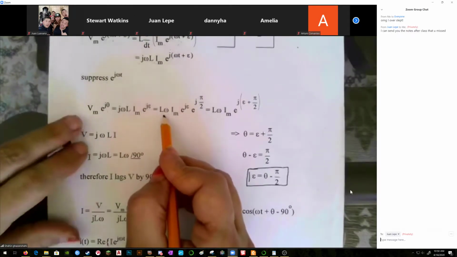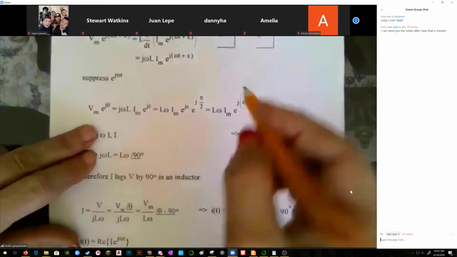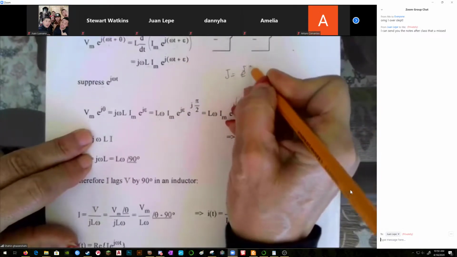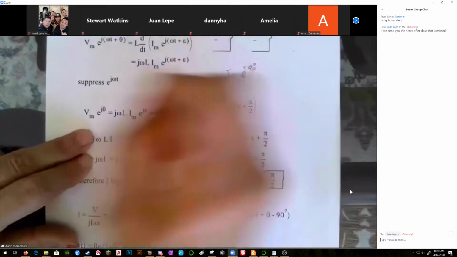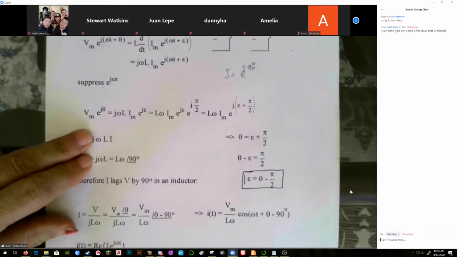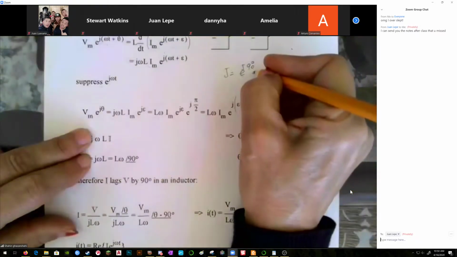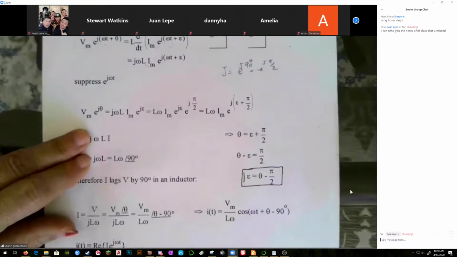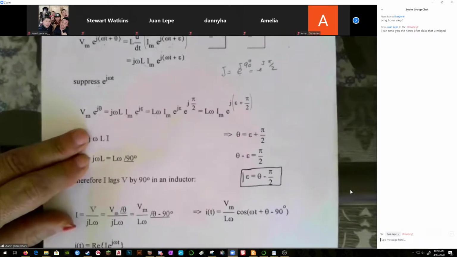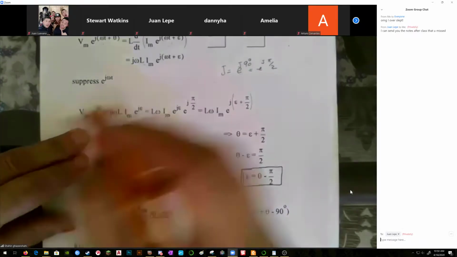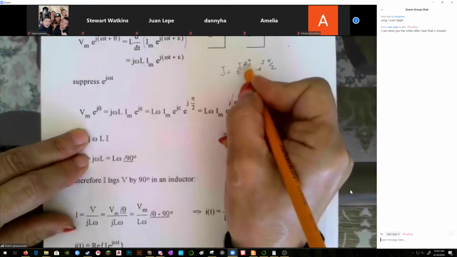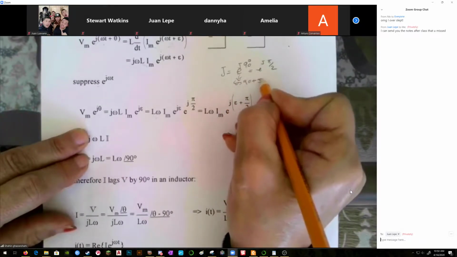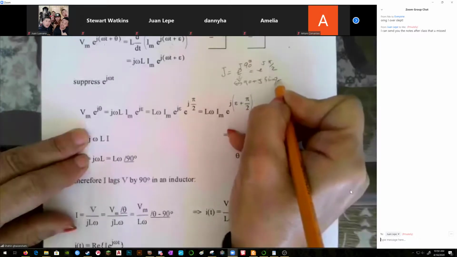Now, what is j equal? Remember last time I told you j is like j90, correct? Or pi over 2, doesn't matter. Wherever you have j, it's like a 90-degree phase difference. Why? Because if I expand this, this is cosine of 90 plus j sine of 90.